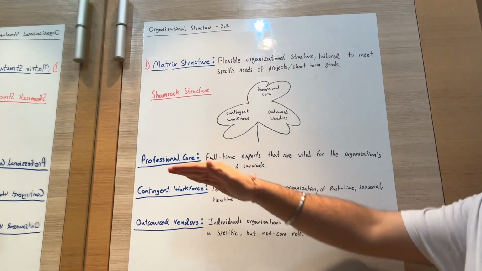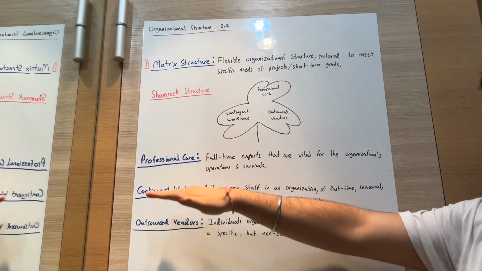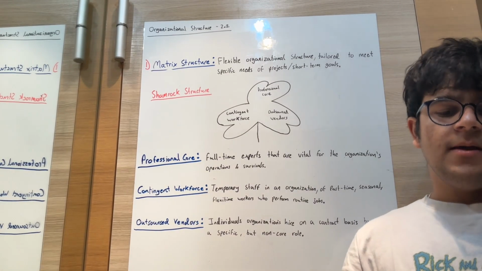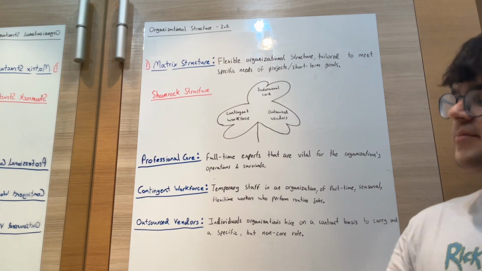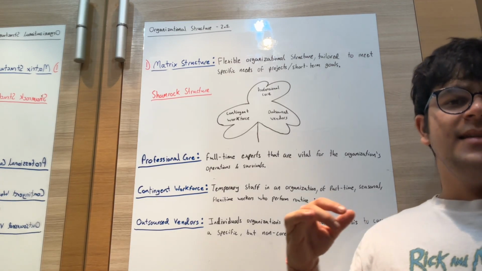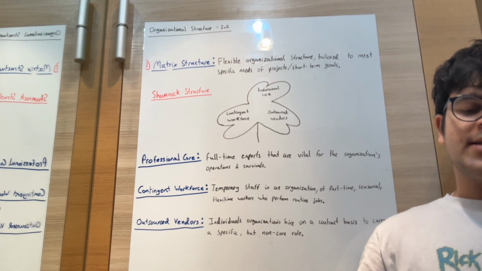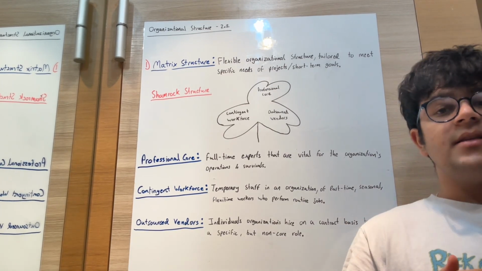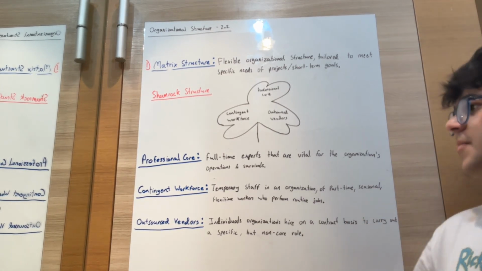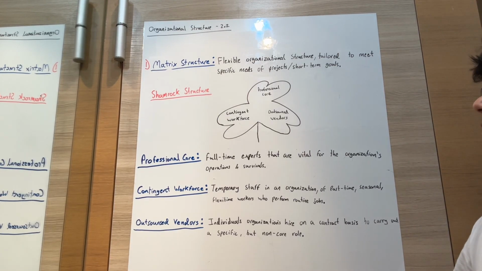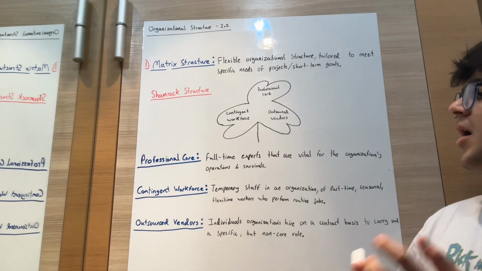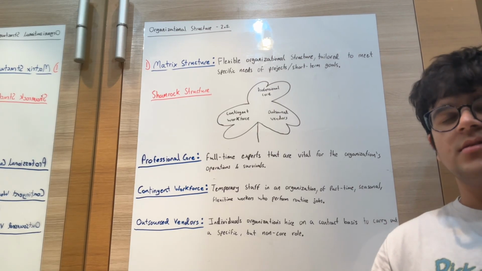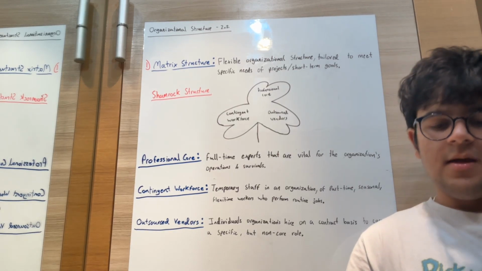So your professional core knows what to do, your contingent workforce knows what to do, and your outsourced vendors know what to do. But these flexible structures can create uncertainties and therefore anxieties for workers. Maybe your professional core don't want to rely on your outsourced vendors because of the uncertainty.